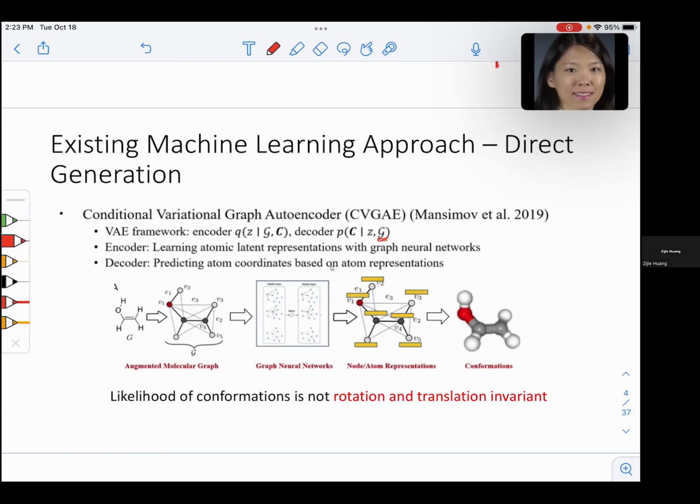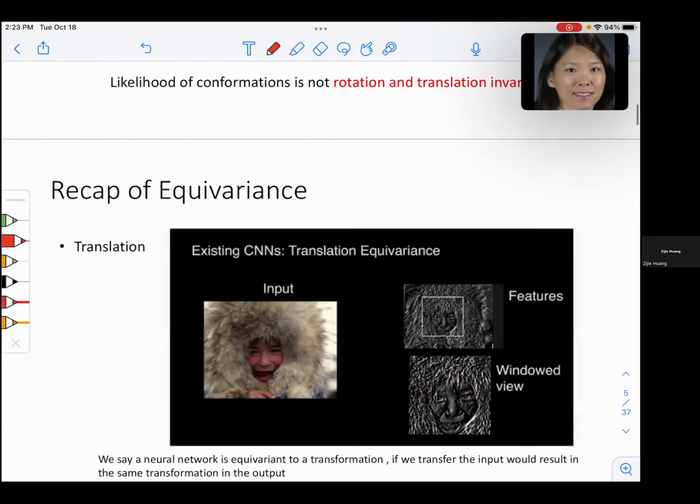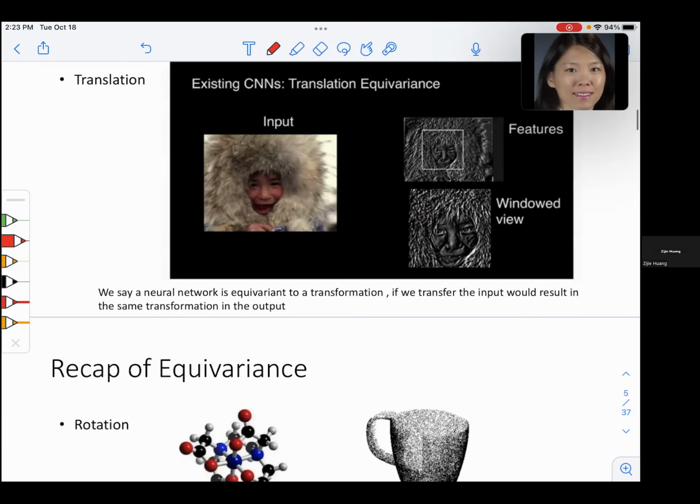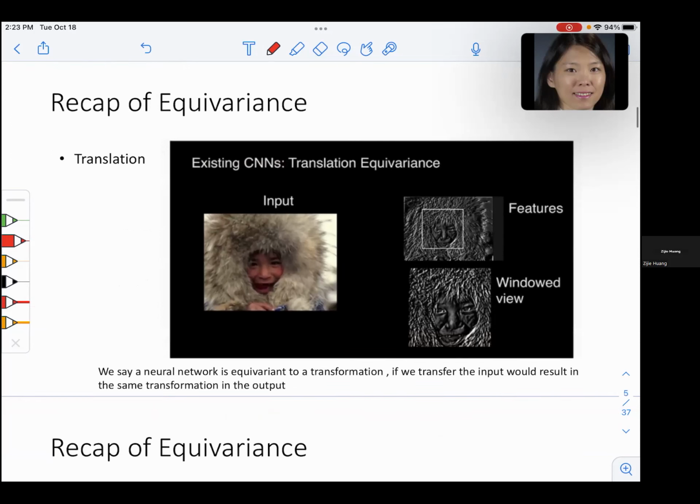That's related to my previous quarter's presentation about equivariance, where I showed examples of many cases where people care about it. For example, translation equivariance: we are all familiar with CNN.